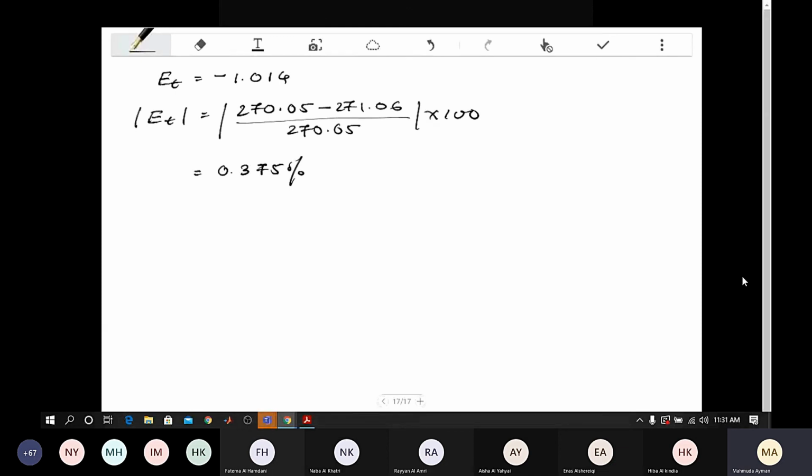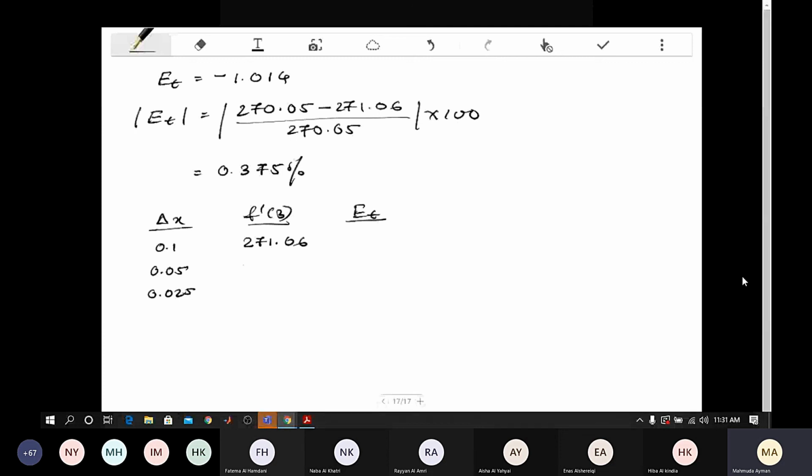Let's have a look maybe. So if you have the delta x here and f prime of 3 here and the true error. So here if you have the delta x as 0.1, 0.05 and 0.025, the f prime of 3 gives you the answer here as 271.06 that we have calculated.